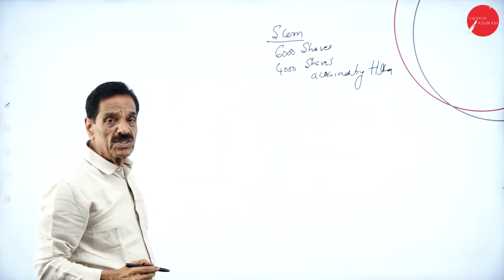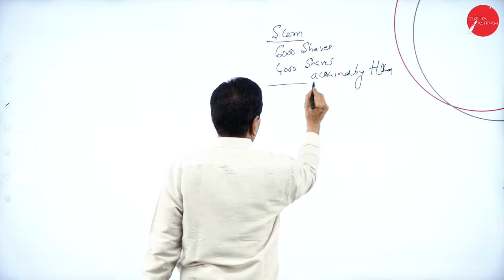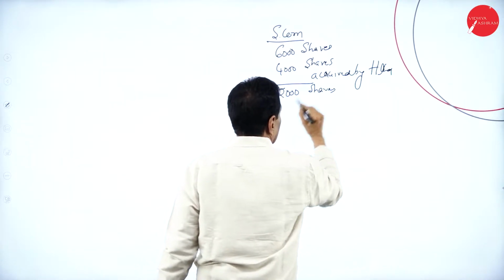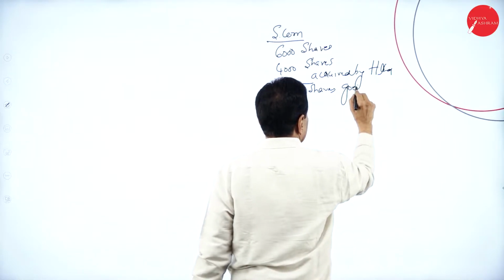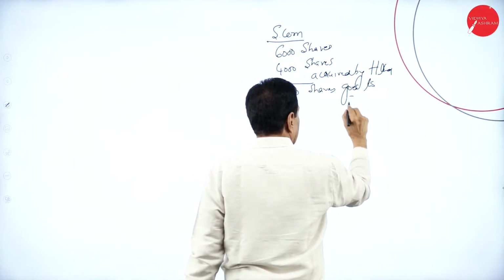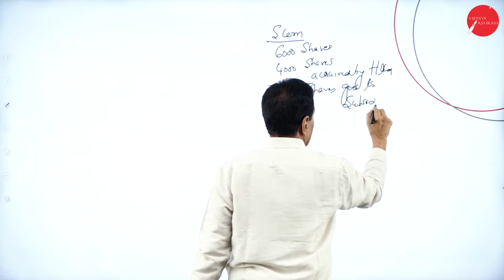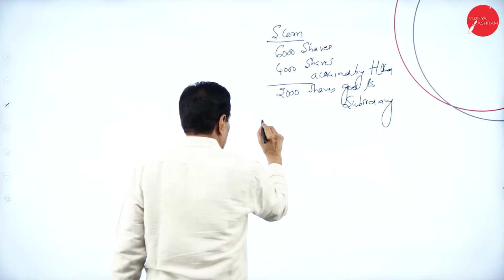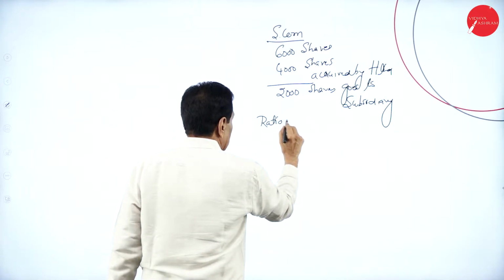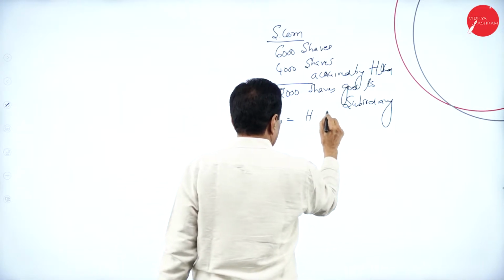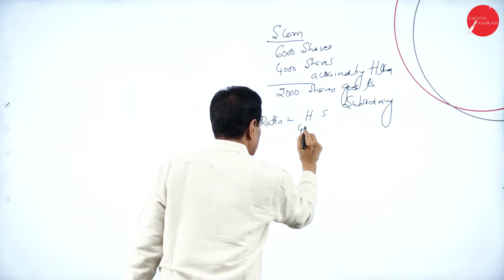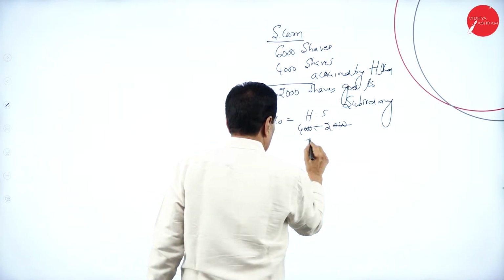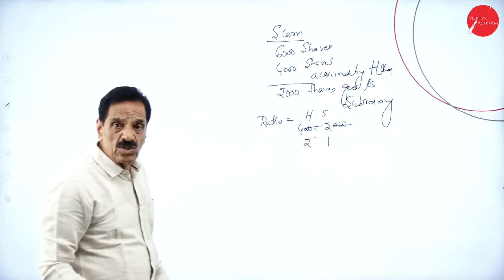Out of that, 4,000 shares are held by H Limited, and the balance 2,000 shares go to the minority. So the ratio H is to S, here 4,000 is to 2,000. Two 2s are two 1s. So they are in the ratio of 2:1.